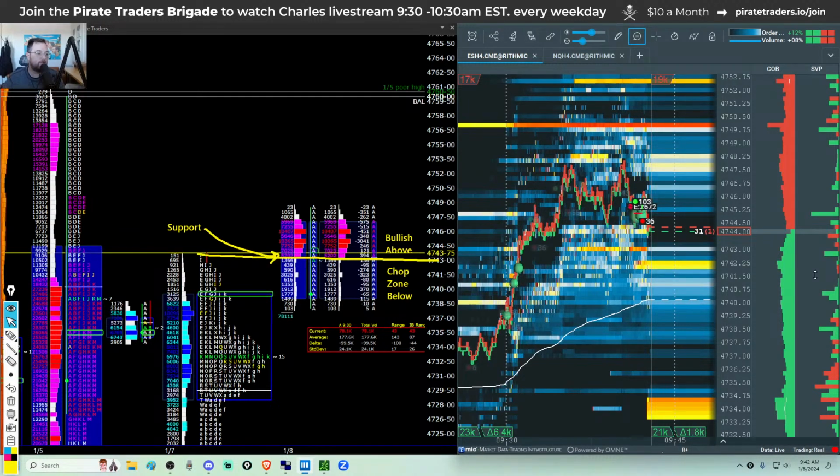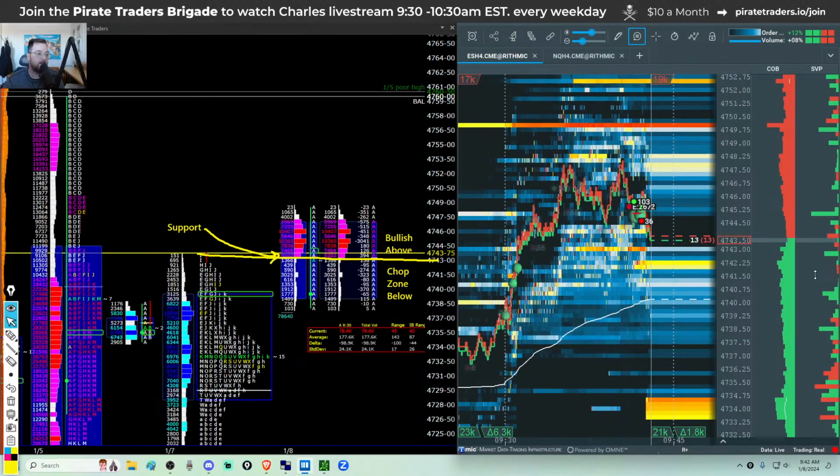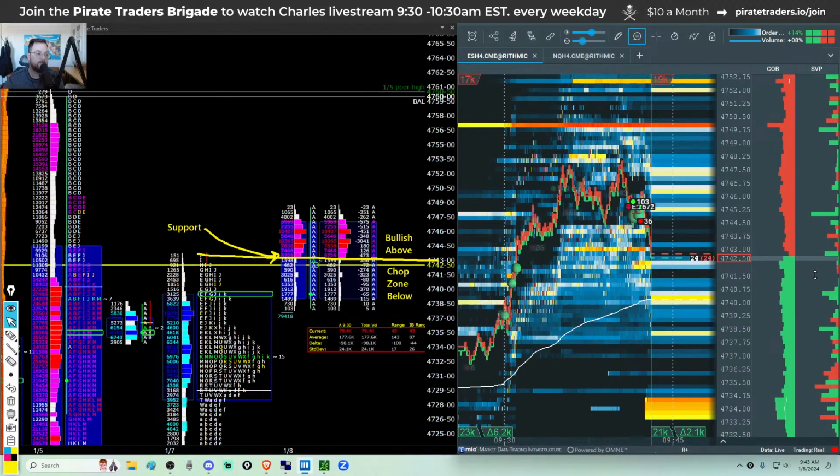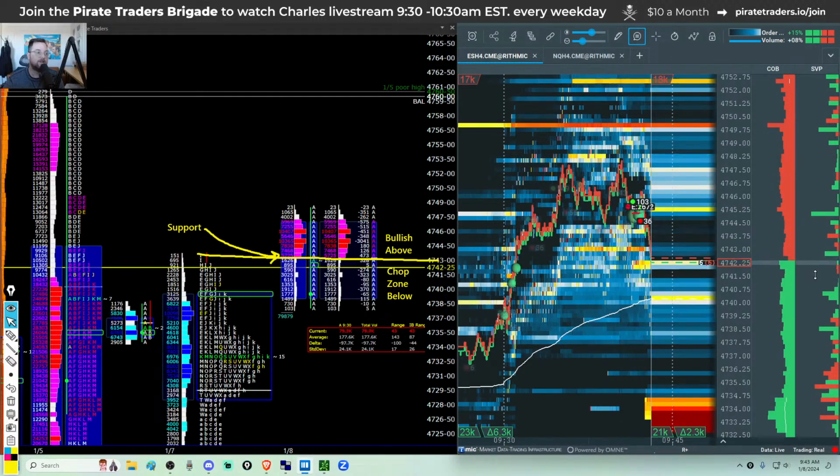Looks like we are going to test 43. If the buyers can hold it, they've got the momentum for yesterday's high. If they fail, more chop. Can they hold it? Oh, no.